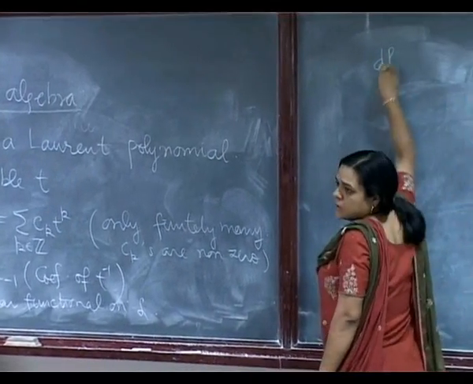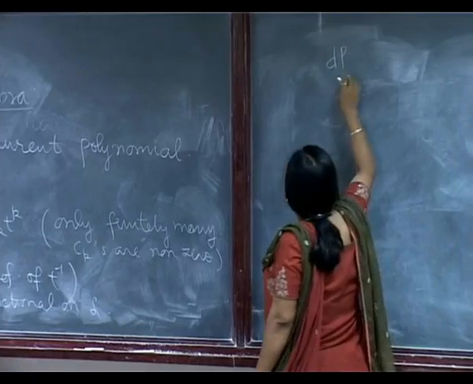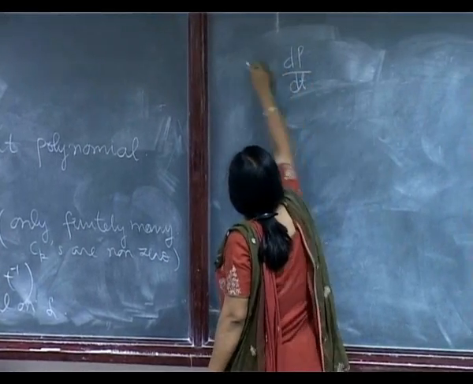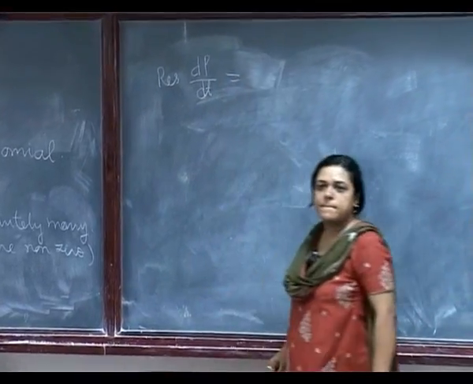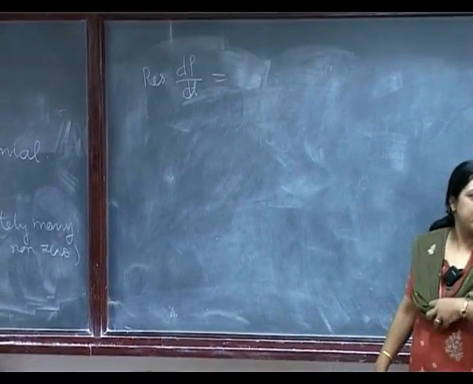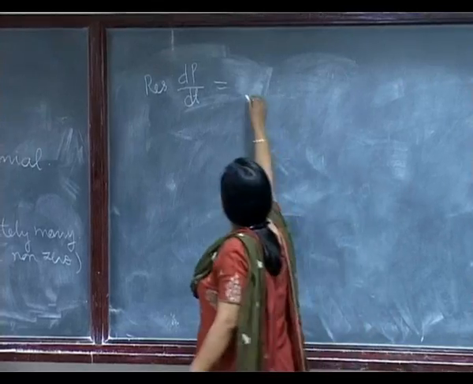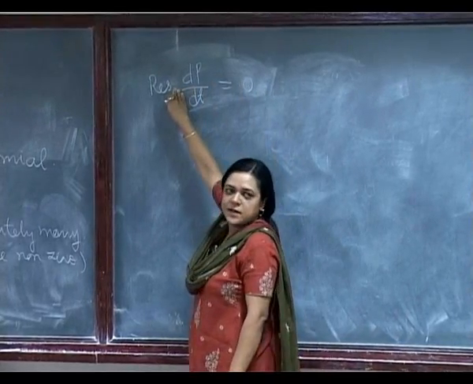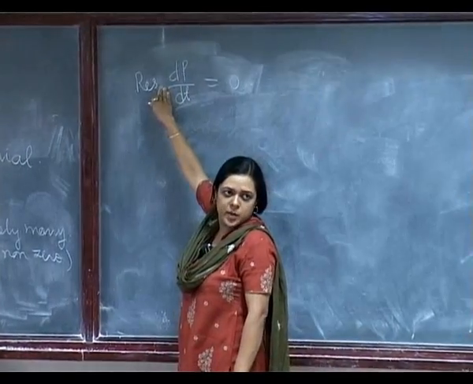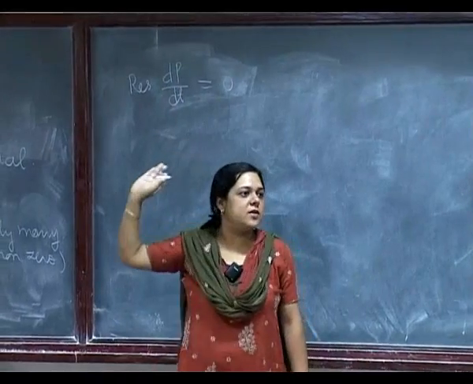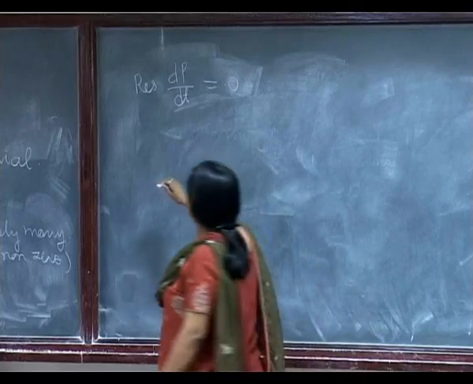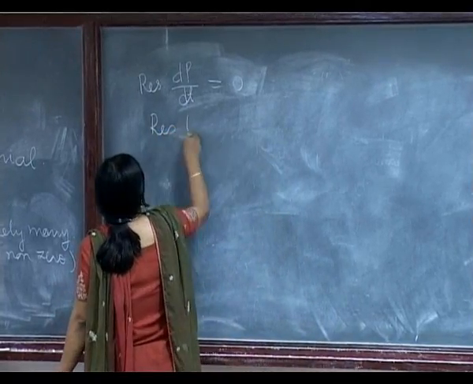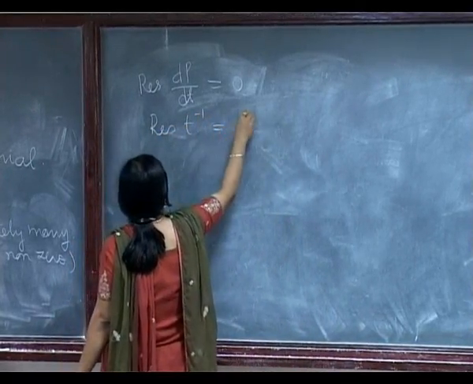If we consider any Laurent polynomial and take the derivative, the residue is zero, because we do not get any term containing t raised to power minus 1. And the residue of t inverse is 1.